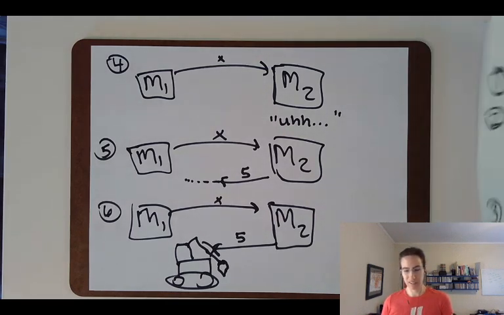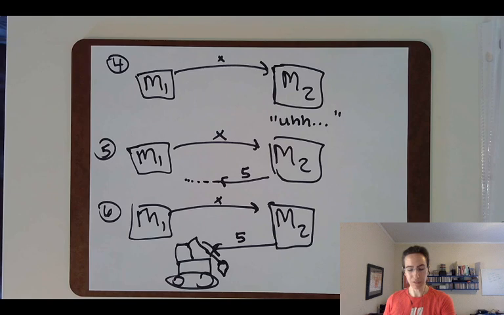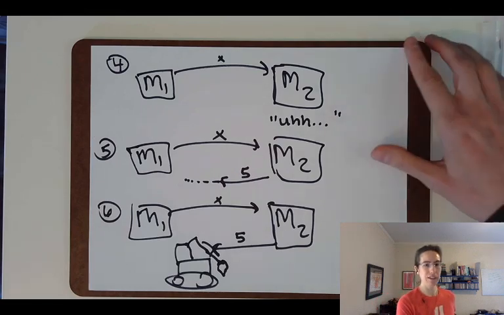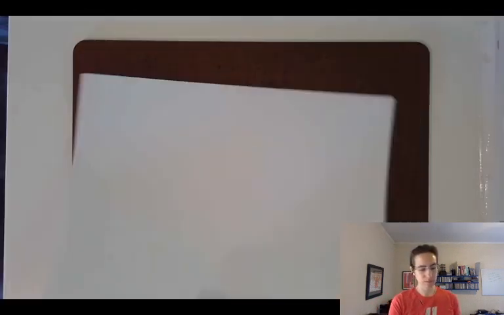So from M1's point of view, you can't tell the difference between any of these things. So this is very important. If you send a request to another node and you don't receive a response, it is impossible to know why. I'm actually going to write that down because it's so important.